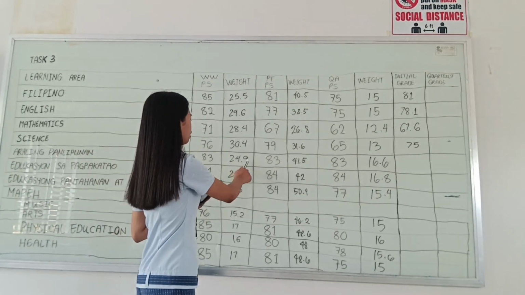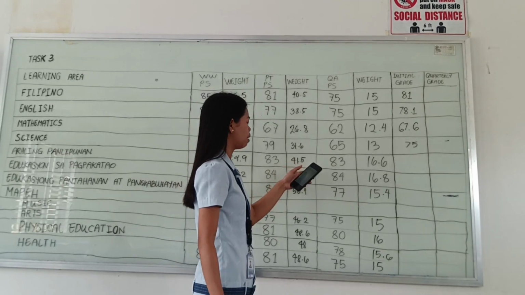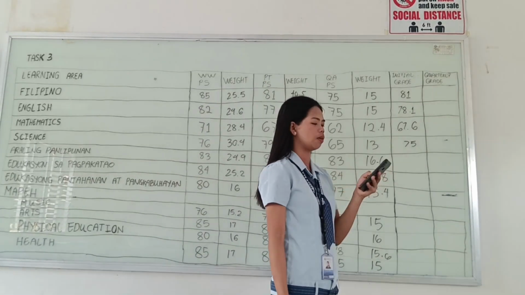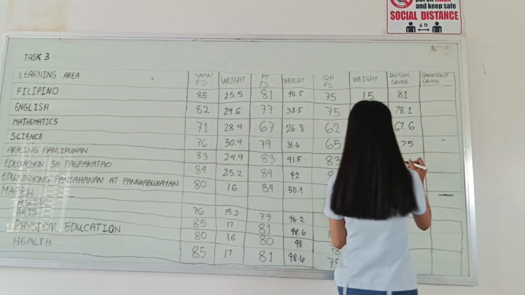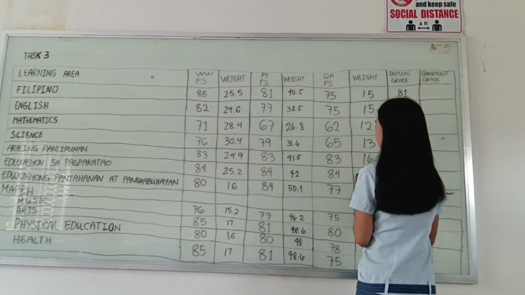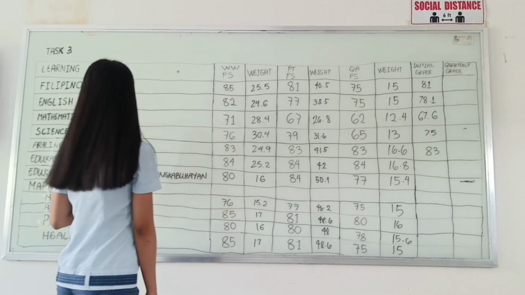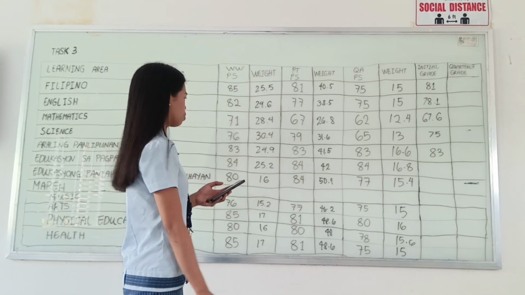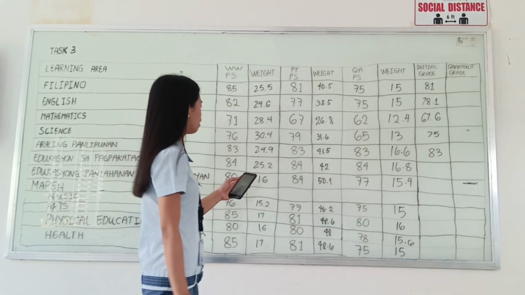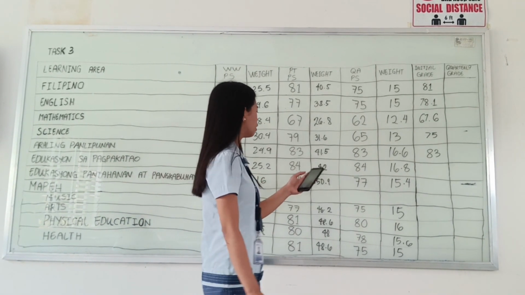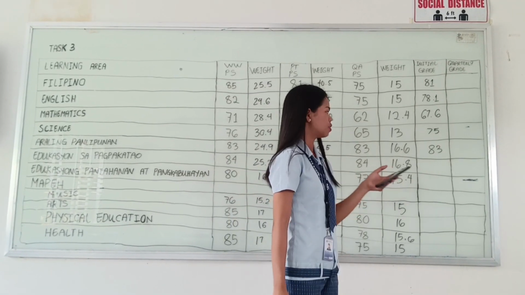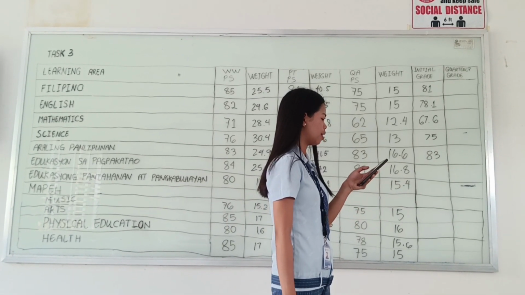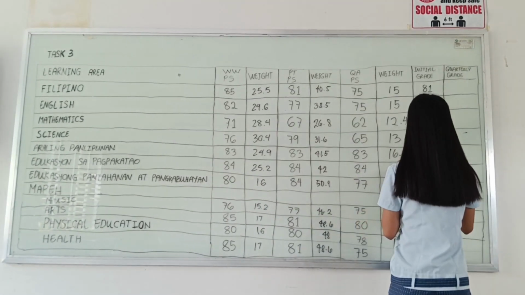So 24.9 plus 41.5 plus 16.6 equals 83. The subject Edukasyon sa Pagpapakatao will add all the weighted scores, which therefore 25.2 will be added to 42 and 16.8. So the total is 84.